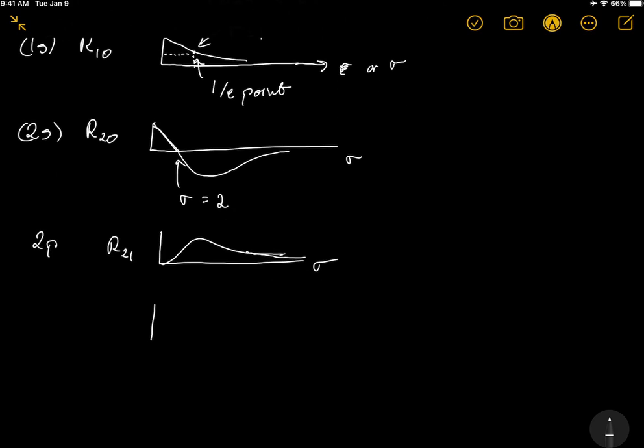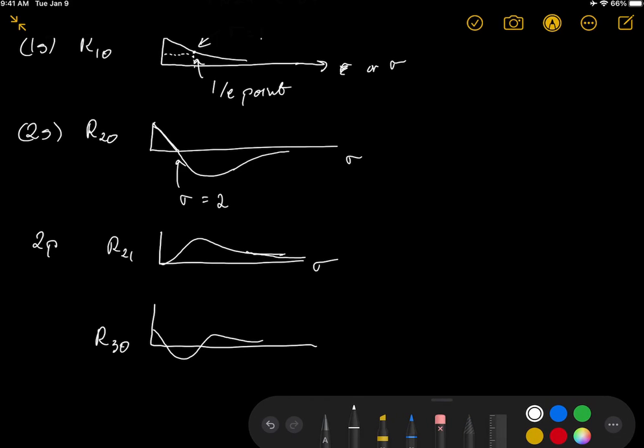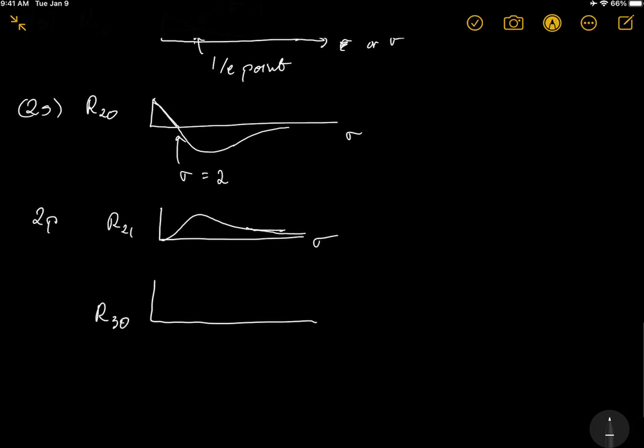And I didn't show the functional form, but for our 3,0, which would be a 3s wave function, it's going to look kind of like R20, except there's going to be two nodes, so it's going to dip down. It's going to be a higher order polynomial in sigma, and it's going to extend further out in space, because it's larger than that one.